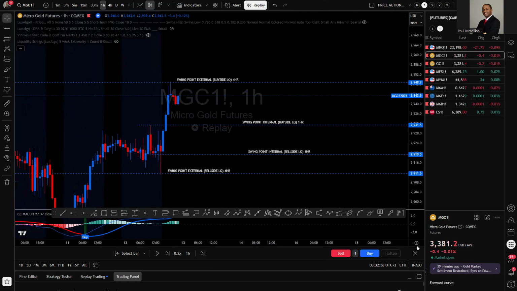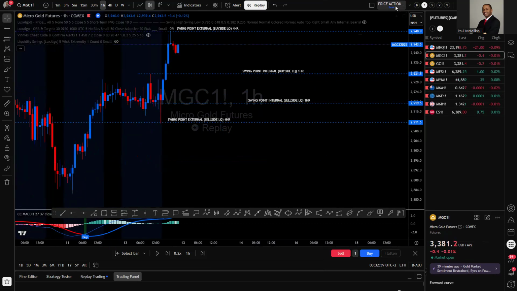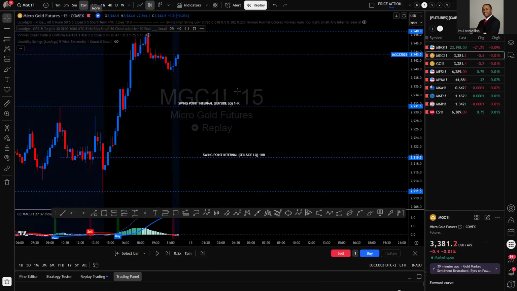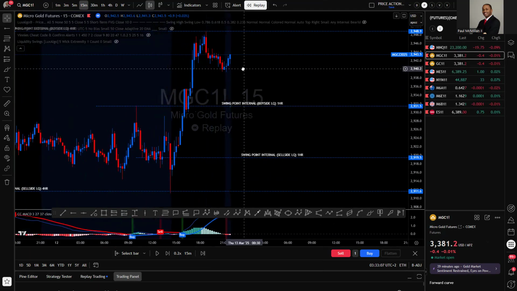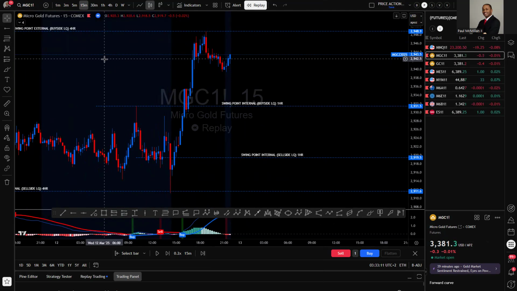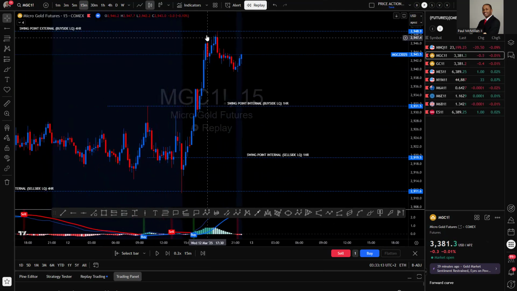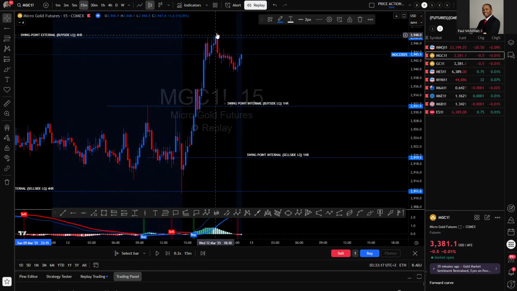Okay. Now, let's go to the 15-minute. And now we see that price looks like it has traded externally. You will see that there was liquidity here, this high, price traded into it, we tested, pushed down.